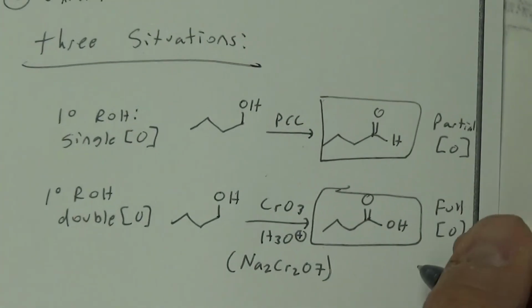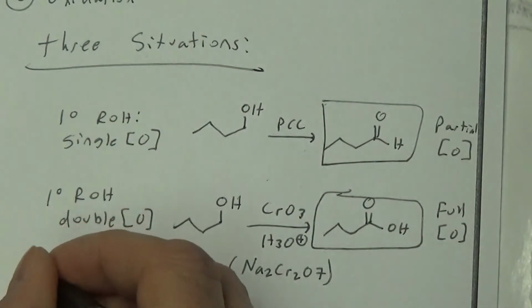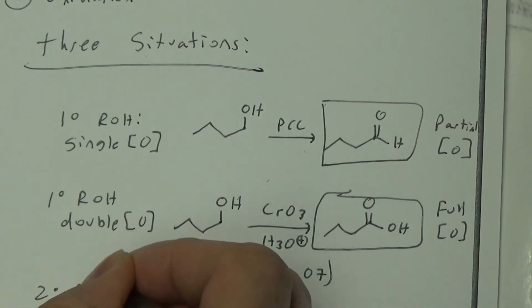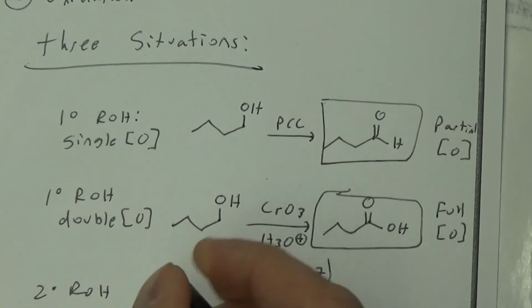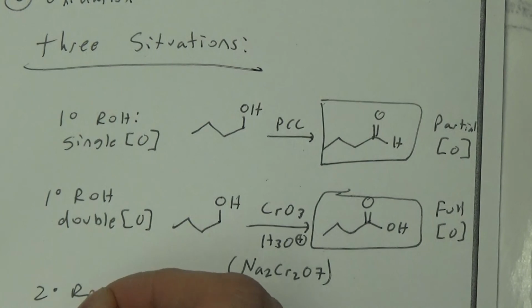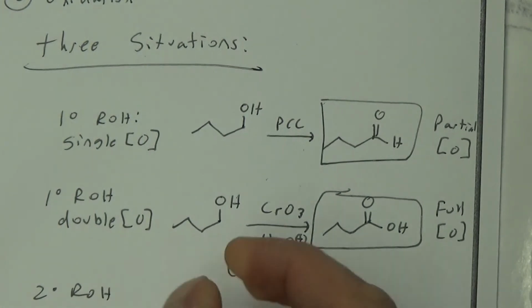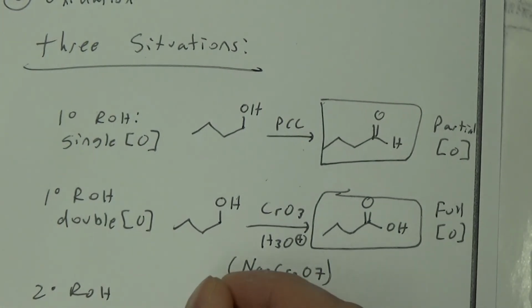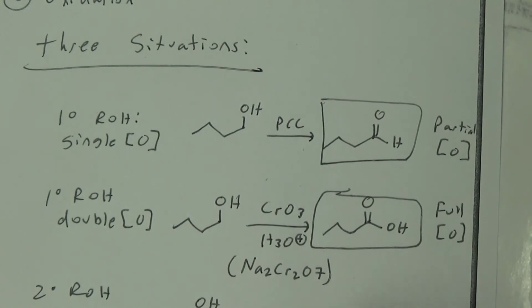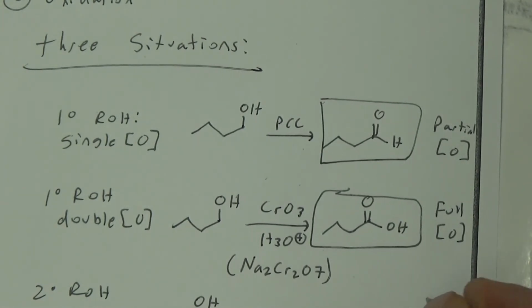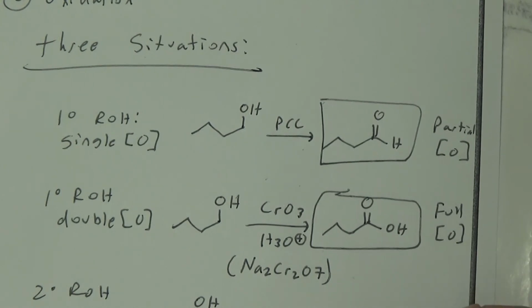And what's our third situation? If you have a secondary alcohol, it's going to be a single step oxidation to the ketone. We'll call this partial also.